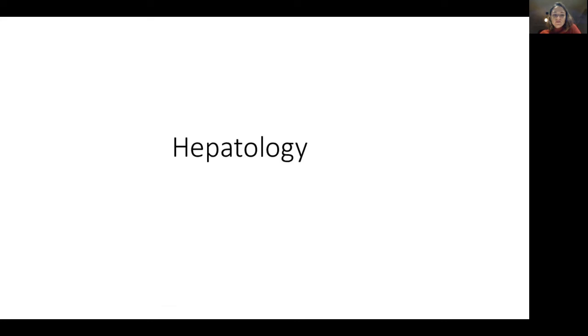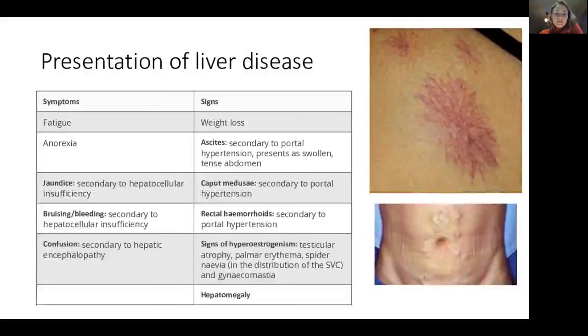So right, moving on to hepatology. Very difficult to summarize this, but we've just gone for key high yield aspects of the topic. So how does liver disease present? It can have symptoms such as fatigue, jaundice, bruising or bleeding, confusion.